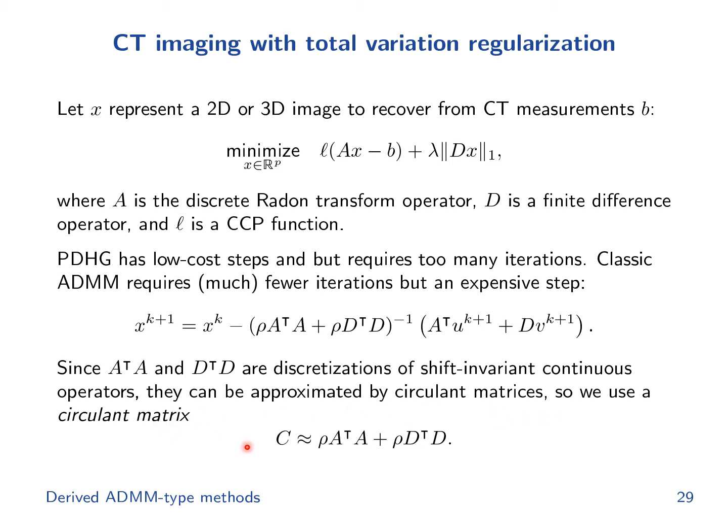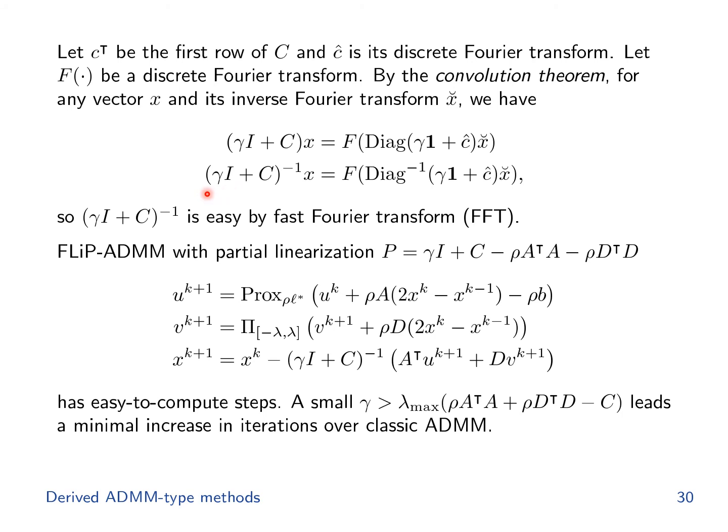So we use a circular matrix C to approximate this sum. This A transpose A and D transpose D are not themselves circular matrices, at least due to boundary conditions. They don't have circular boundary conditions.